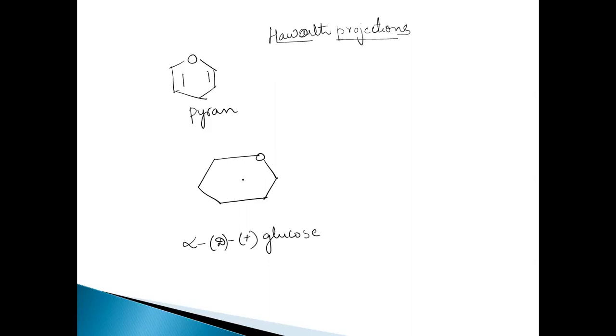Here, write a 6-membered ring with oxygen and put vertical lines across every carbon atom. So number them. This is 1, 2, 3, 4, 5, and the 6th carbon atom will be here. The atoms which are present in the Fischer projection formula towards the left and right, here we'll write up and down.